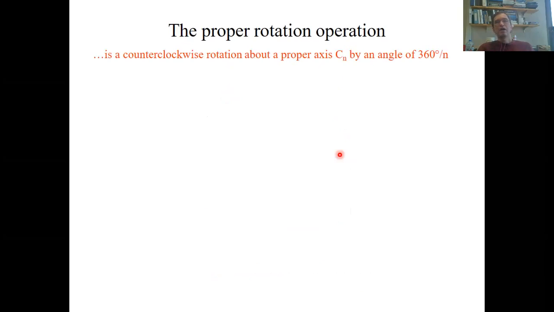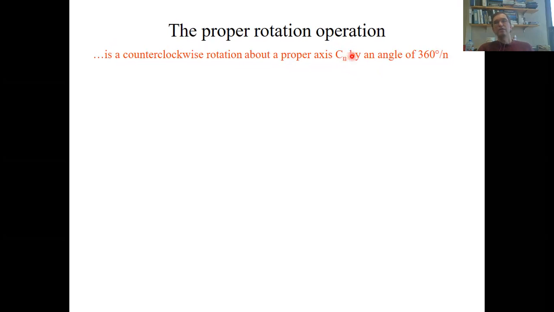Okay, now what other symmetry operations do we know? The first one is the so-called proper rotation operation. This is a counterclockwise rotation about a proper axis indicated by the symbol capital letter C subscript n, by an angle of 360 degrees divided by n.